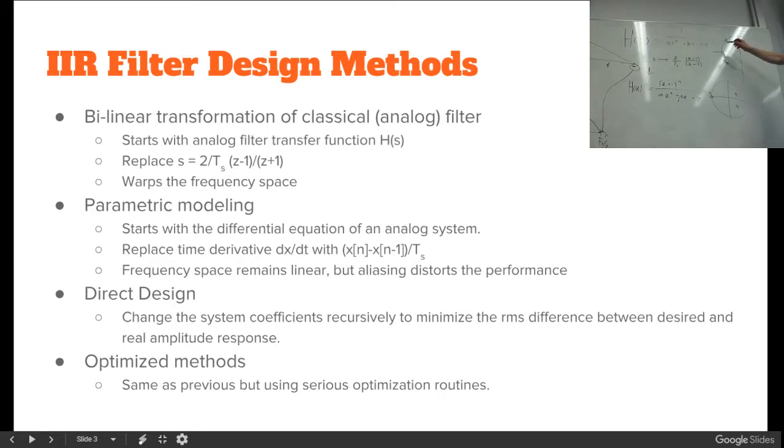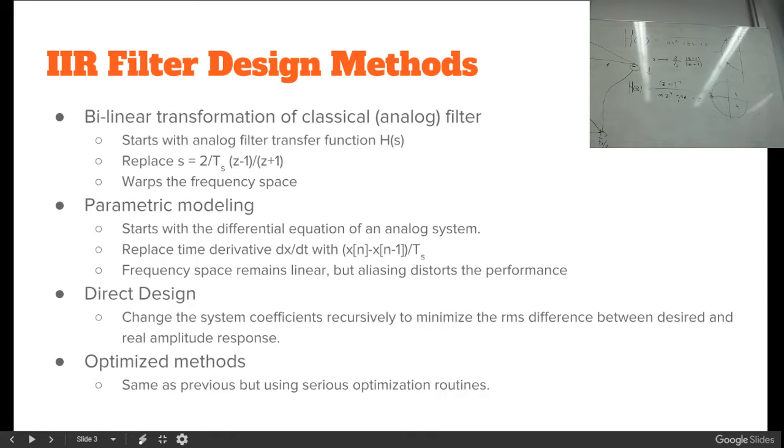Well, you can actually draw a differential equation based on the transfer function if you want to. But anyways, this is more about physical system modeling. So you replace the time derivative with the closest approximation.